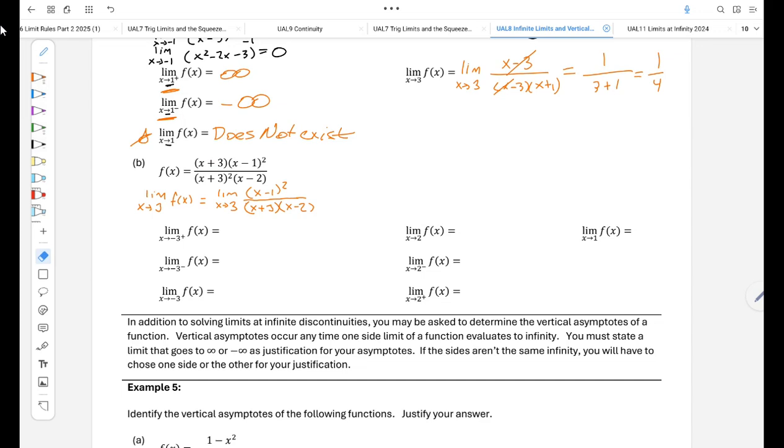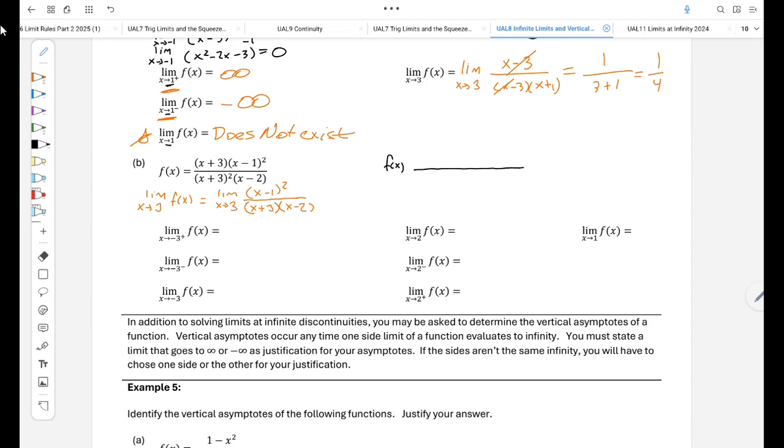Okay. So we need to make a sign chart for what we have left. We can ignore some of those x plus 3s. That's fine. I'm going to make a sign chart for basically what I have left after I made the cancellations. So I've got to find all the important numbers, all the numbers that make either the numerator or denominator 0.